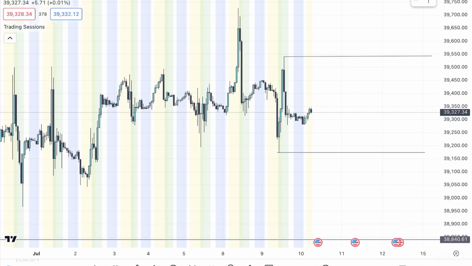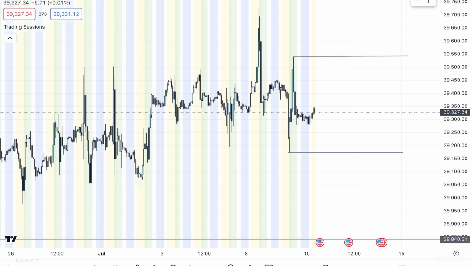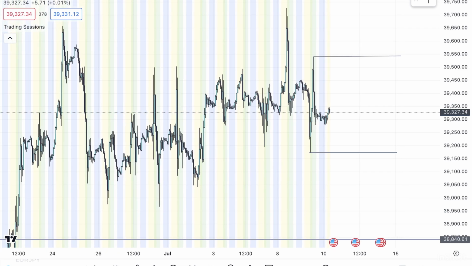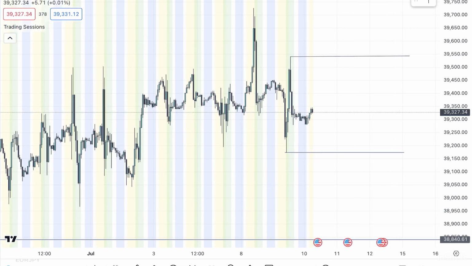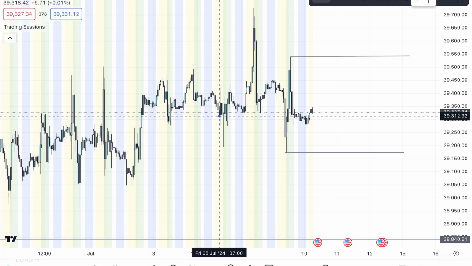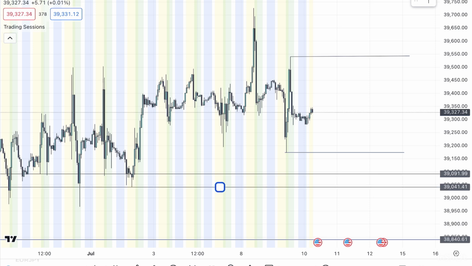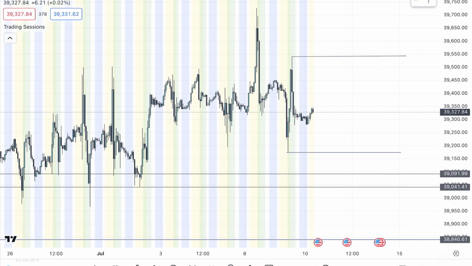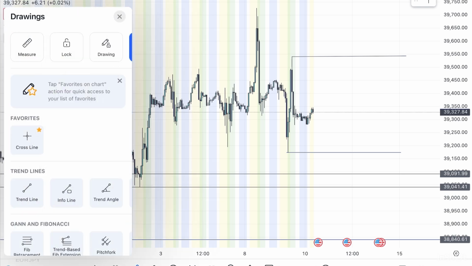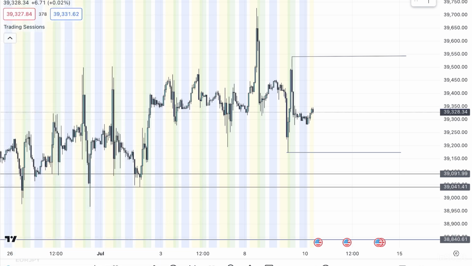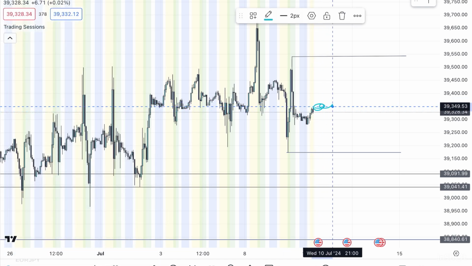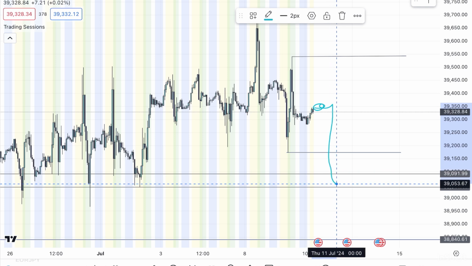If we check out the hourly chart, we have another order block that we might also have to pay attention to. This one here, meaning for today the market might want to play it cool like this. From this level, take out this liquidity into this order block here.